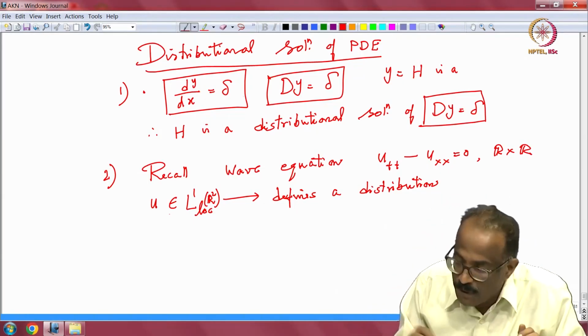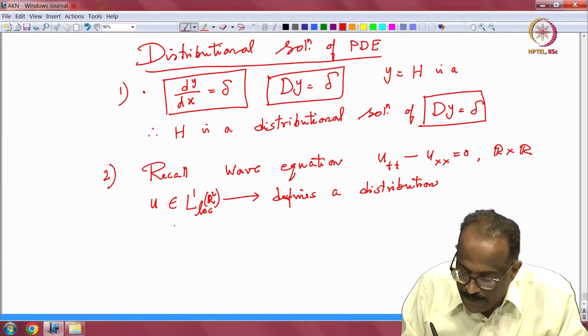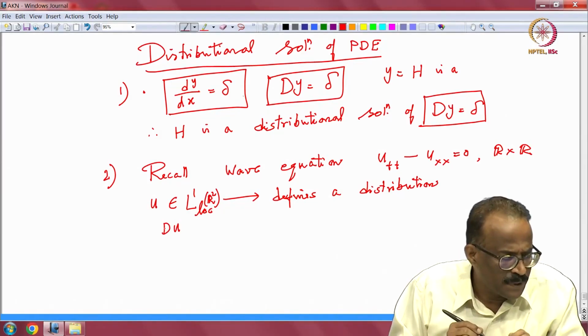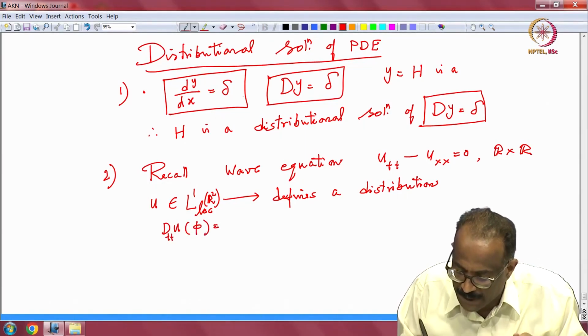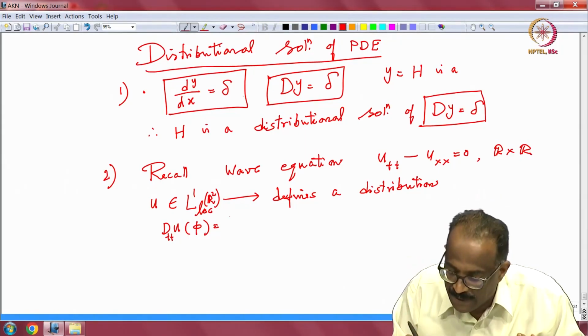So, let us compute. u_tt means the derivative of u with respect to t twice. The derivative d_tt of u at phi as a distribution is, you have to differentiate inside, so the minus will get cancelled, u acting at phi_tt.